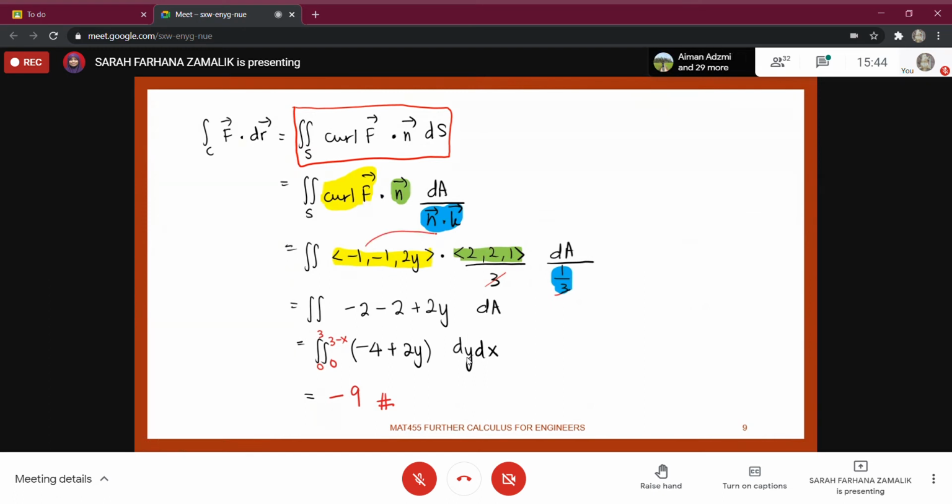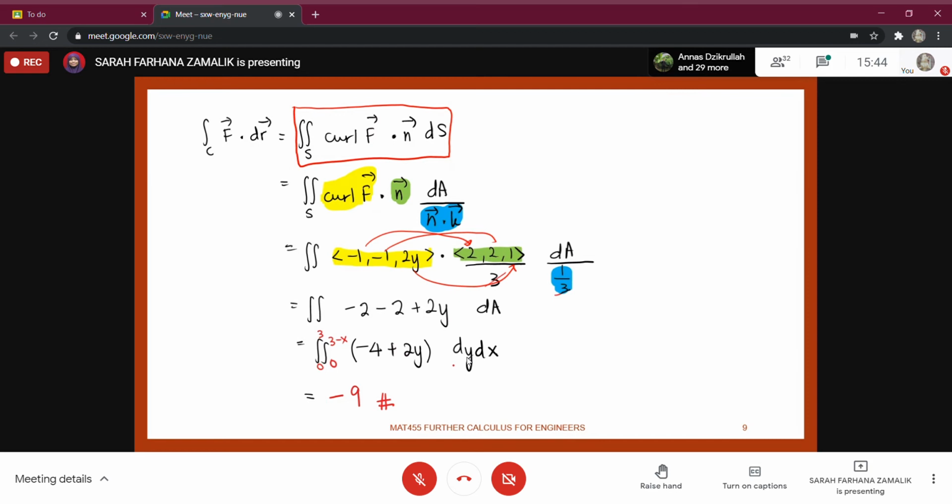Negative 1 multiply with 2, you get negative 2 minus negative 1, plus negative 1 multiply with 2, yes minus 2. So 2y multiply with 1, you get 2y plus 2y. So negative 2 plus 2y, you get negative 4 plus 2y.